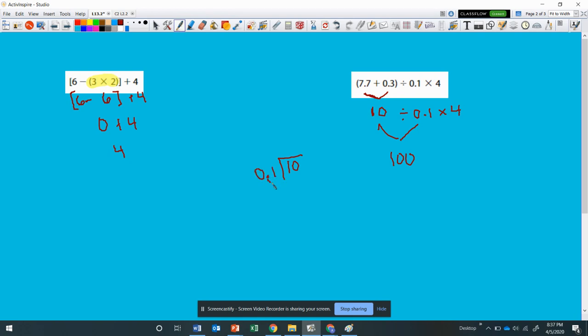You should see that we have to move this decimal once and add a 0, and you can see it's going to be 100. And 100 times 4 is 400.